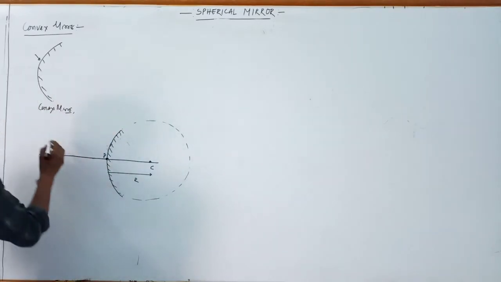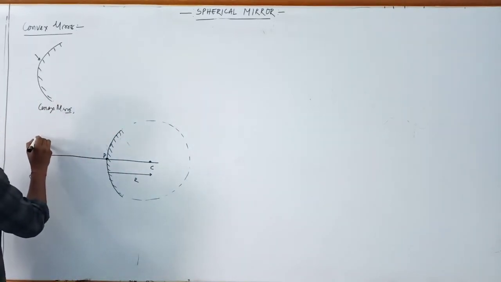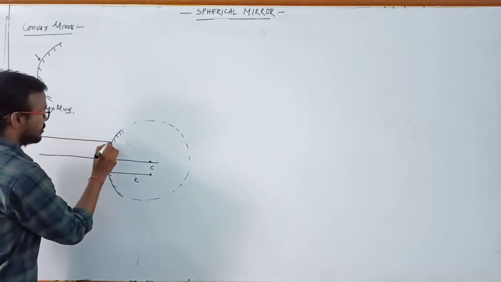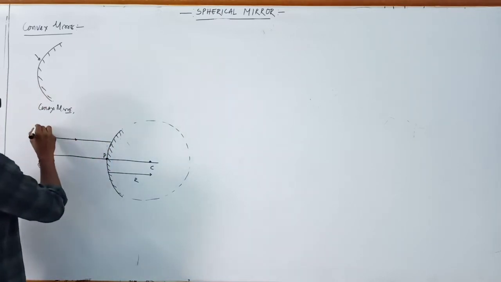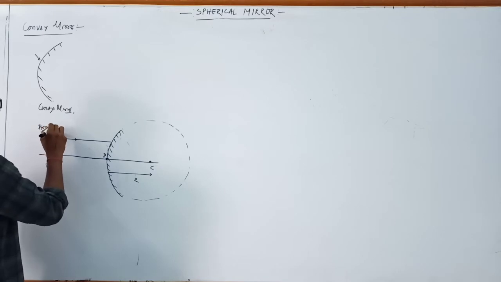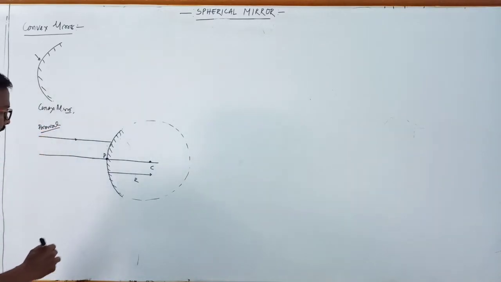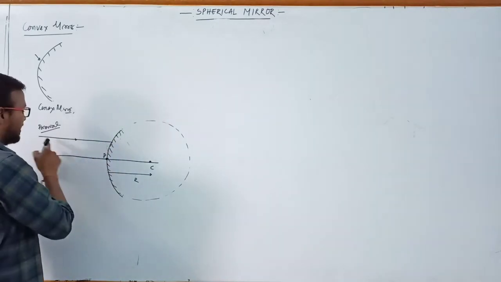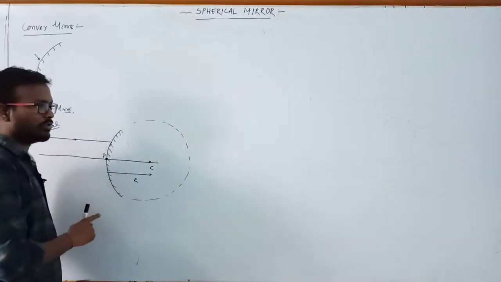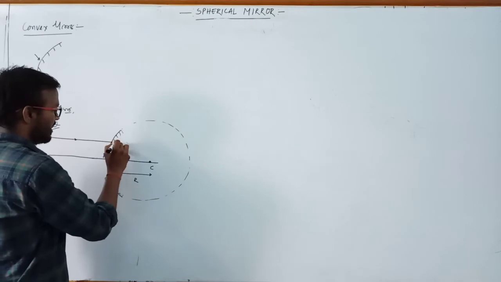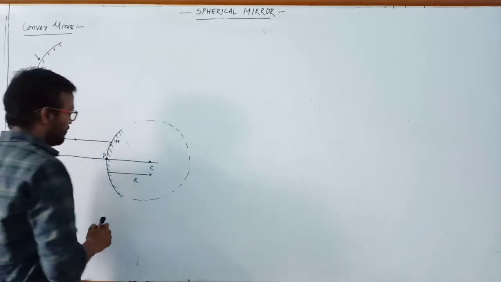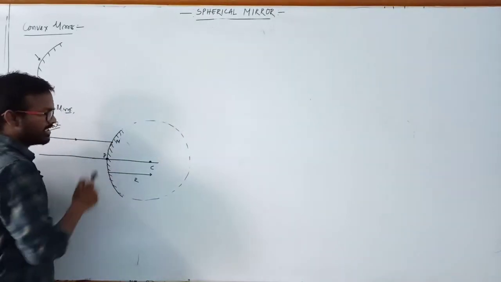We already know about light rays, and these rays are paraxial. So you have to remember one thing: what is a paraxial ray? Paraxial rays are very close to the principal axis. This is the incident point, where the paraxial ray coming from an infinite source is incident at point M. Clear? But we have to draw a tangent at that point.